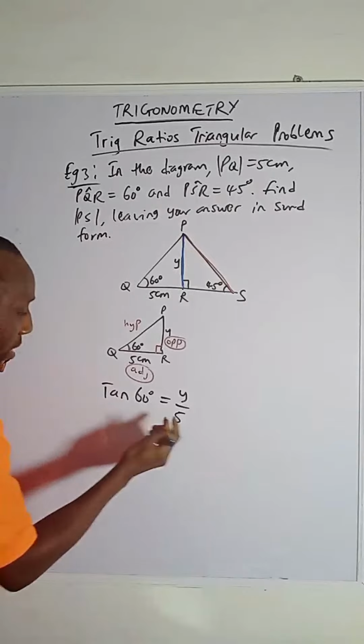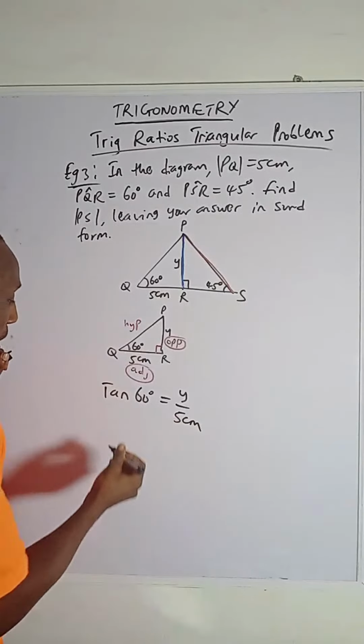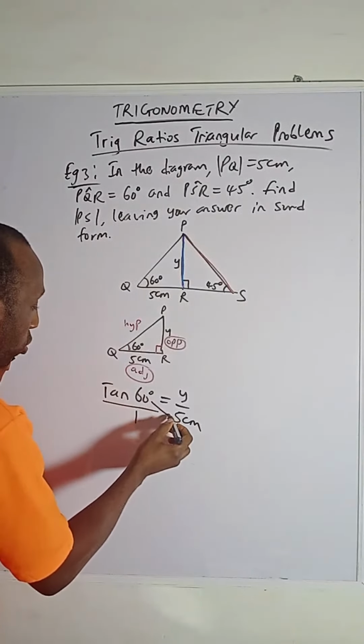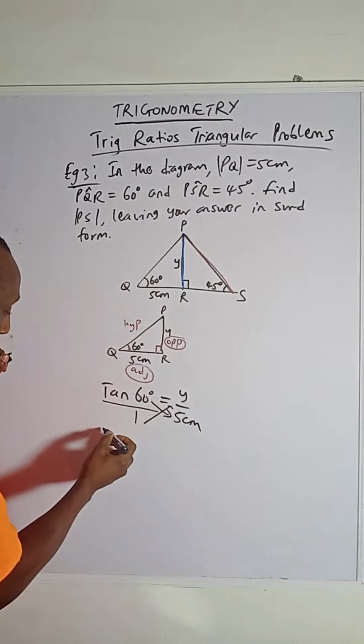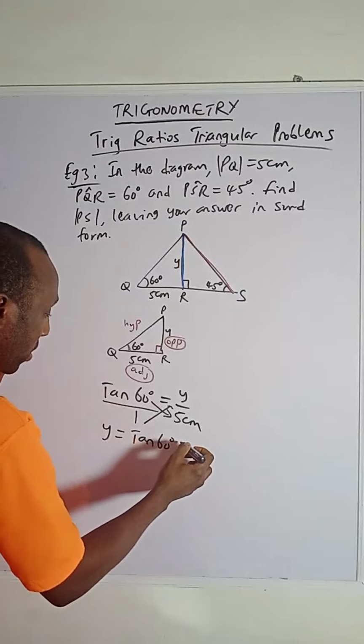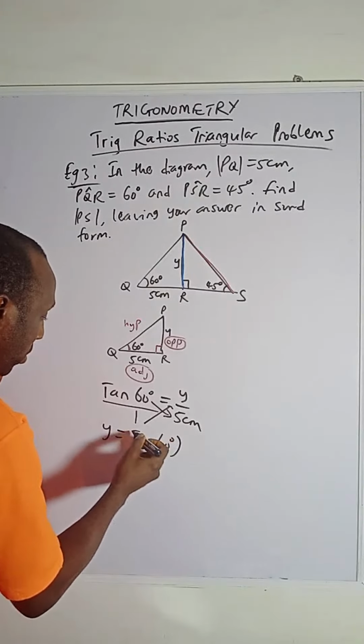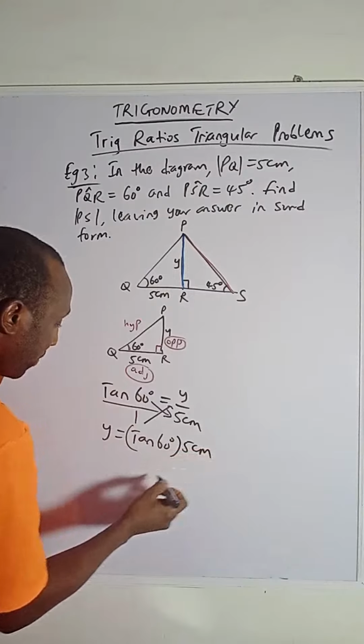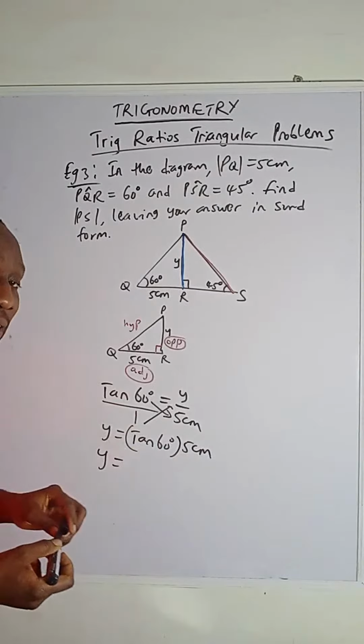If I write 5 over 1 and cross multiply, I have that Y is equal to tan 60 degrees times 5 centimeters. So Y is equal to what's tan 60 degrees?